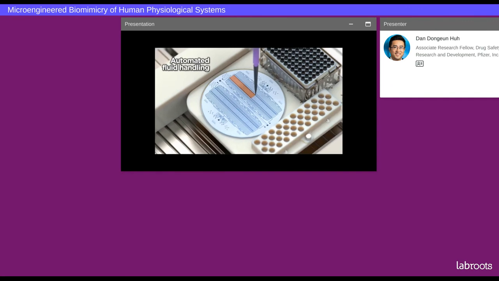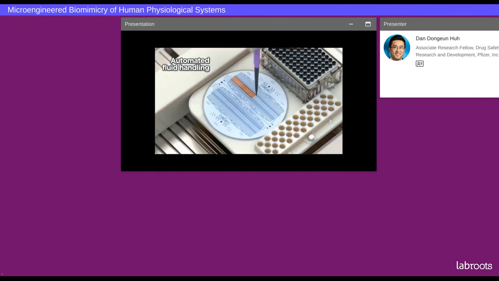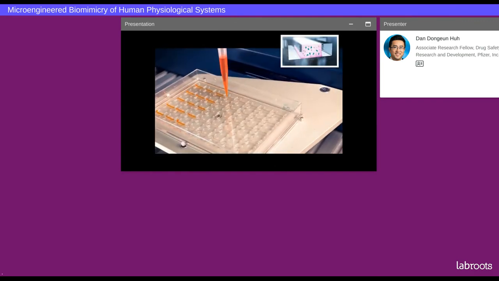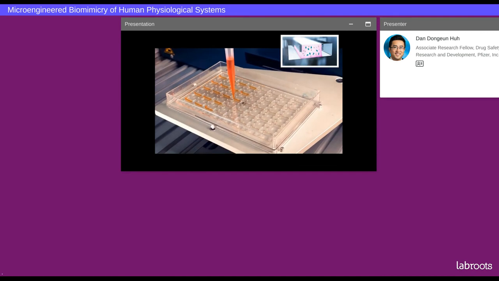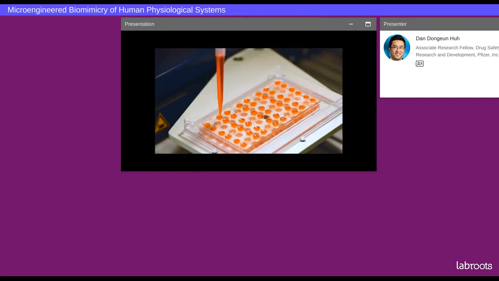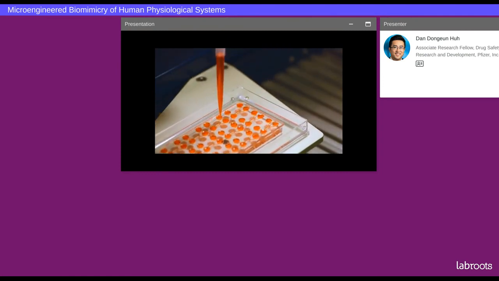So we also automate fluid handling tasks in our model systems. This is a robotic loading of hydrogel cell mixture into the blood vessel forming device I spoke about earlier. We can also automate some of the key steps of cell culture, like media exchange.